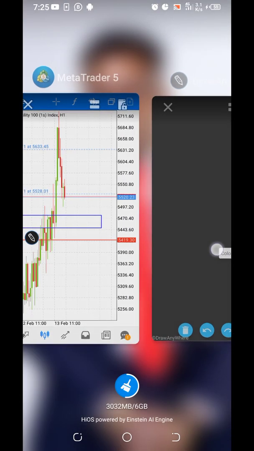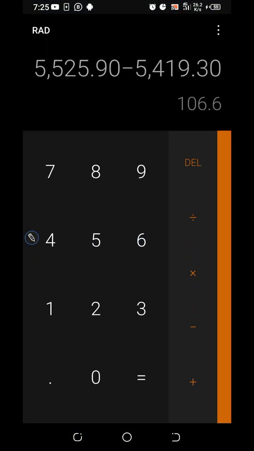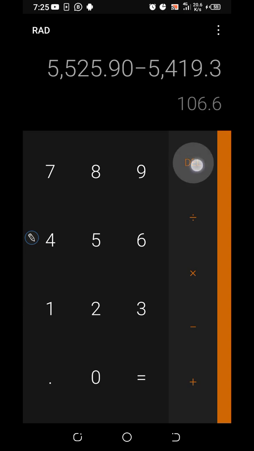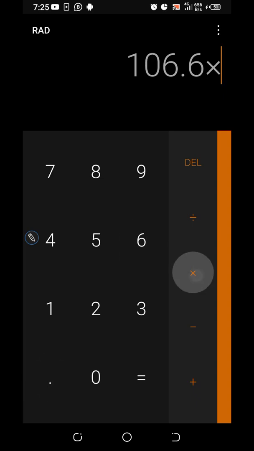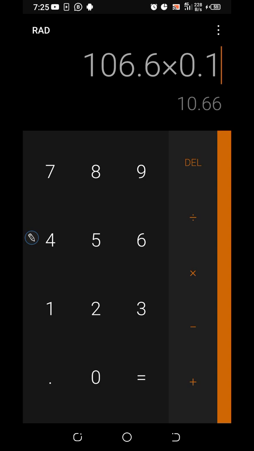I'm going to lose 106.6 times the minimum lot size for V100 1S, which is 0.1. So if I take the minimum lot size, I'm going to lose $10.